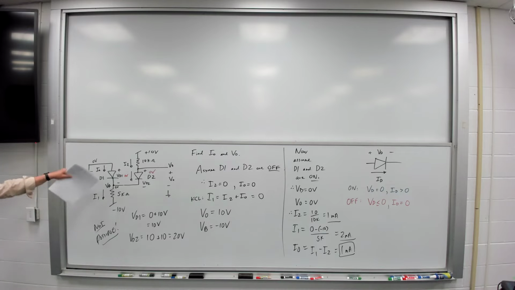All right, so everybody see what I just did here? Once I determine I have 0 volts across both those diodes and they're on, everything else is just KCL and nodal analysis. That's all it is.